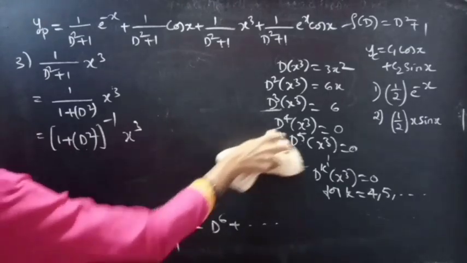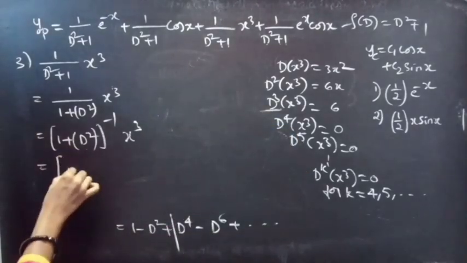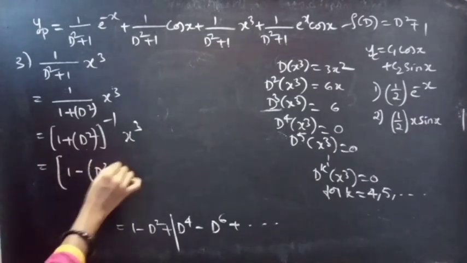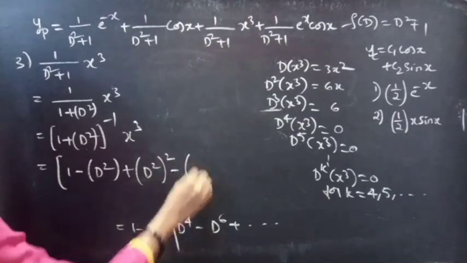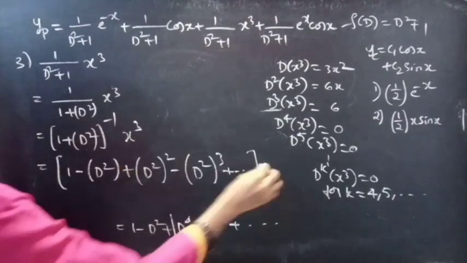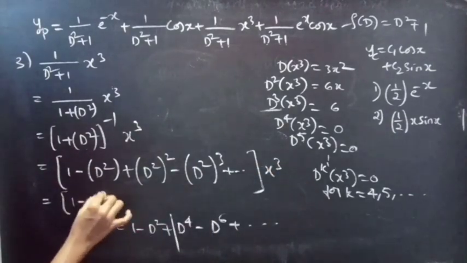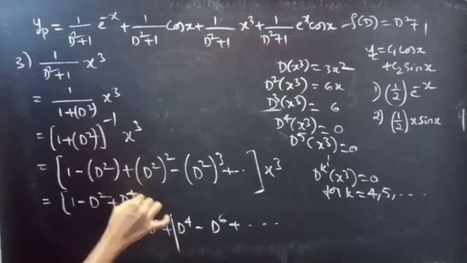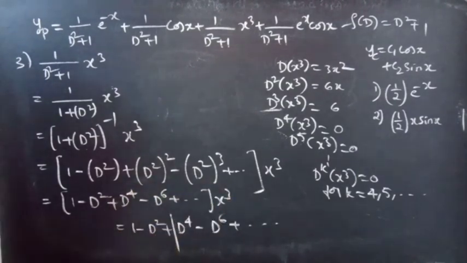I'll write it more clearly. It equals 1 minus D square plus D square whole square minus D square whole cube plus so on, into x cube. This equals 1 minus D square plus D power 4 minus D power 6 plus so on, into x cube.